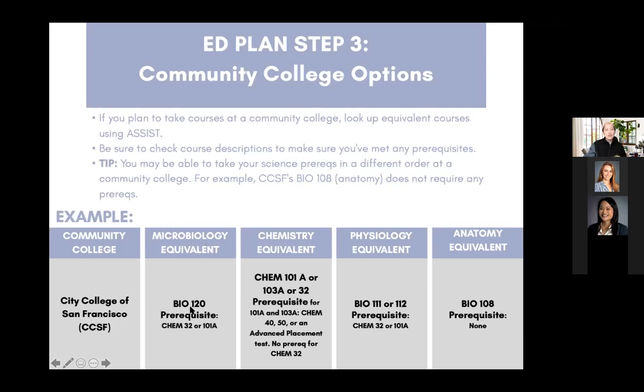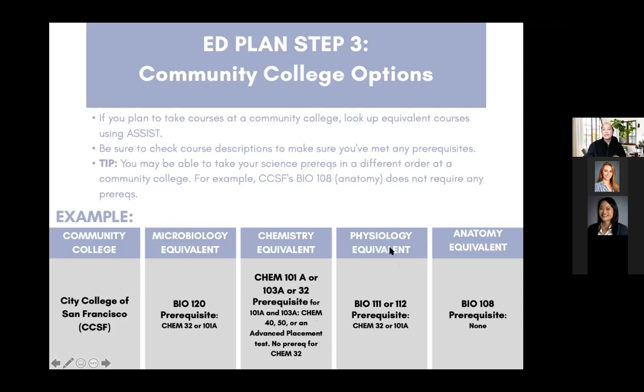The microbiology equivalent is biology 120, and they have a prerequisite of chemistry 32 or 101, 108. Our microbiology doesn't have any prerequisites. You can take it, and it's typically one of the very first classes you do as a pre-nursing student at SF State. The chemistry equivalency is chemistry 101A or 103A or 32. And for them, similar to ours, we have a prerequisite where you have to make sure that you are in the proper math placement.